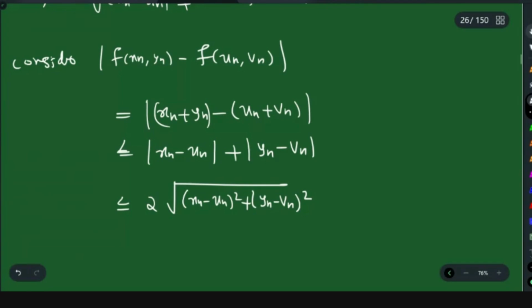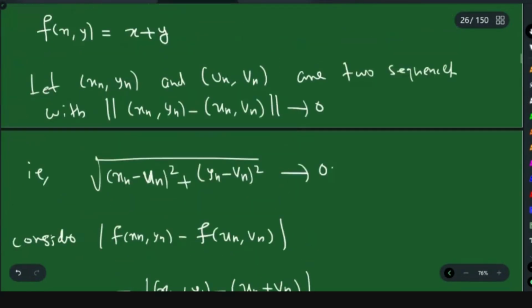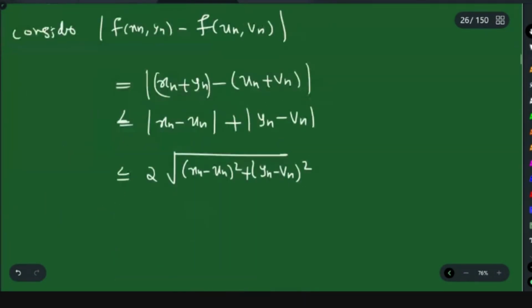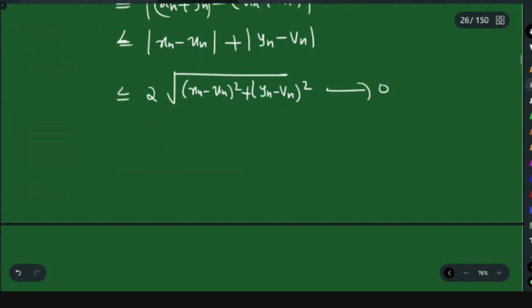So what exactly are we having? We have the sequences xn, yn and un, vn with the square root going to 0, so the right side is going to 0 as n tends to infinity. The left side is a modulus value, so it is always nonnegative. The right side goes to 0 and the left side is 0, so the in-between value should go to 0.